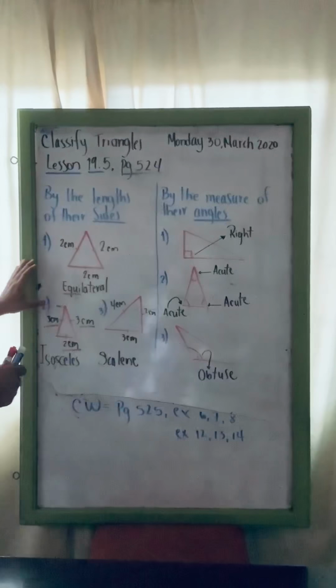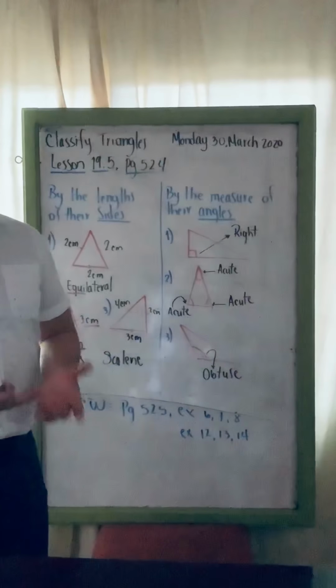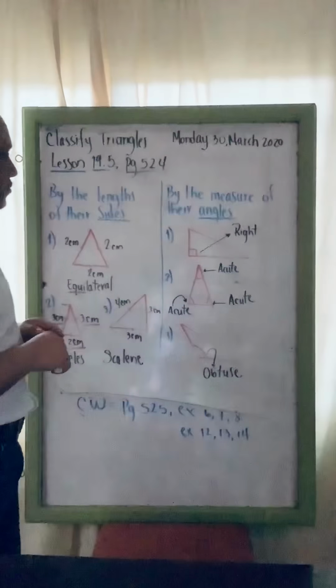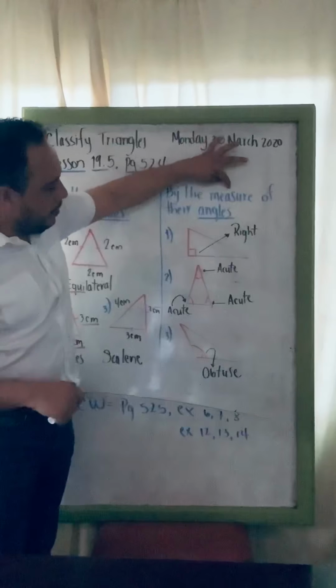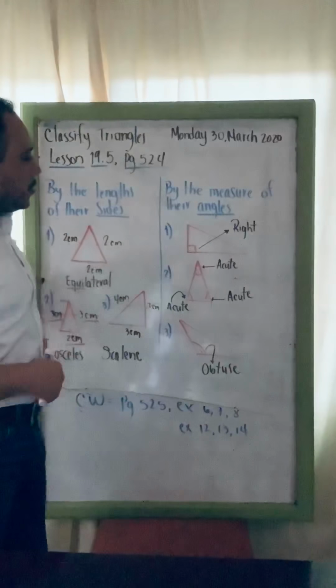Now, we move to the second division. We may be talking about the same triangles, but in this case, we need to switch our point of view. Now, the point of view here is not about the length, it's about the measure of the internal angles. Now, look at the first one.